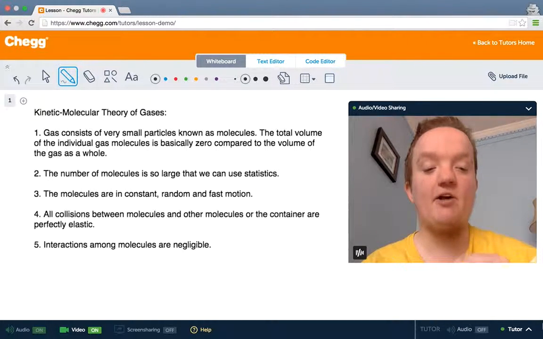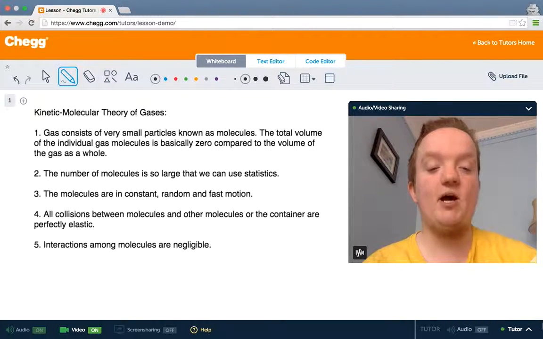There are little tiny corrections because the volume of a molecule isn't actually zero. There are little tiny corrections for the intermolecular forces, and the corrections are of different sizes. In other words, the model fits more or less well depending on what gas it is, what intermolecular forces there are, if it's really high temperature or pressure, so that the molecules are really close together and the distances are actually smaller.